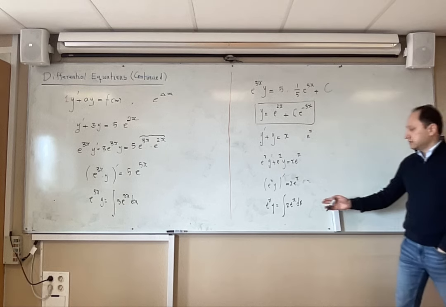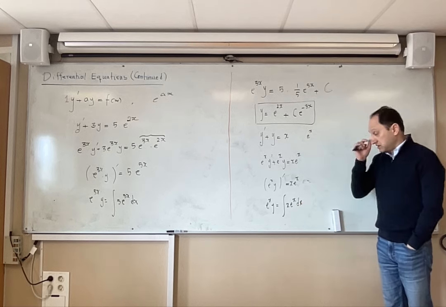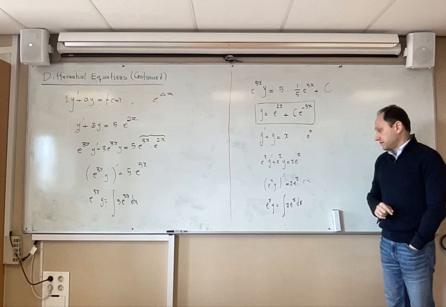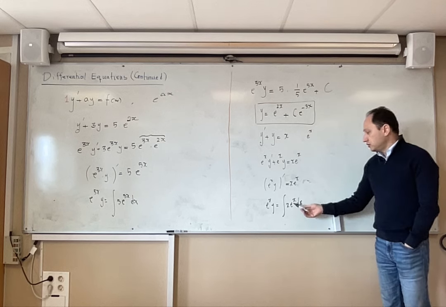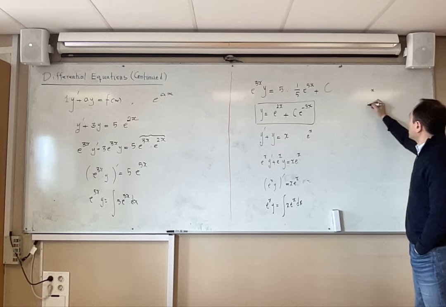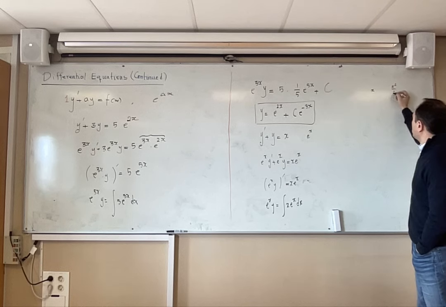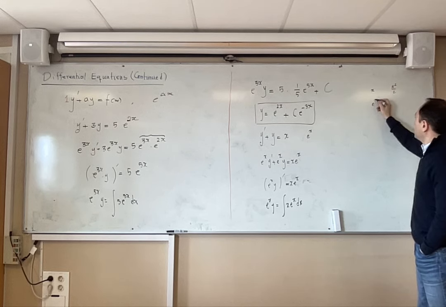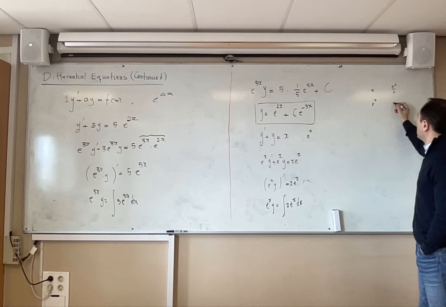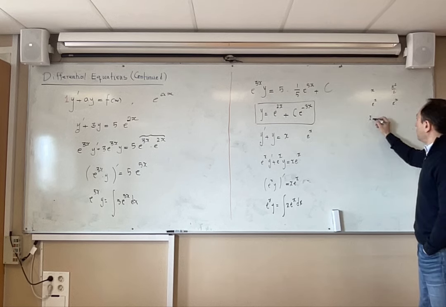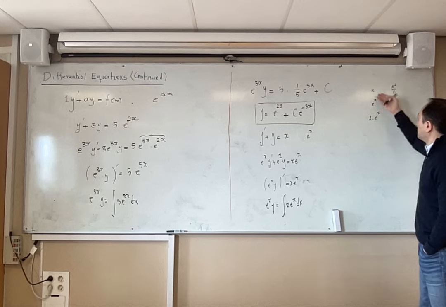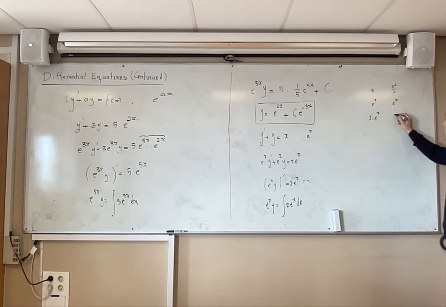It is not a hard integral, but for some reason it is not in your course. So if I want to continue, even though I know a primitive function for x is x squared over 2, and I know a primitive function for e to the x is e to the x itself, if you ask me what is a primitive function of a product, it is not correct to write this multiplied by that.